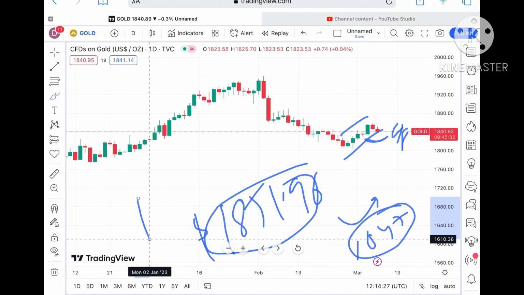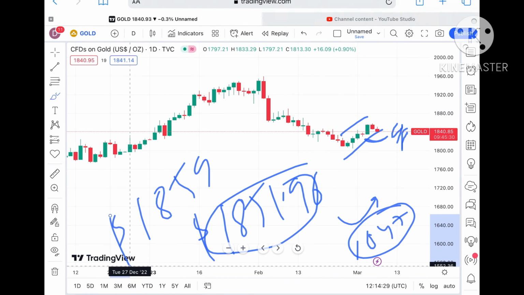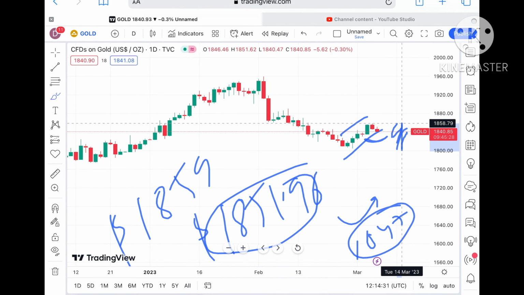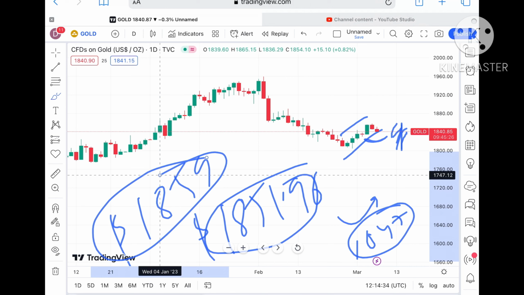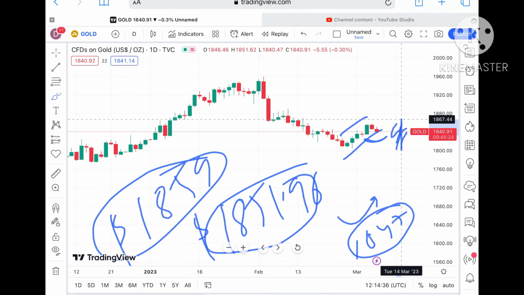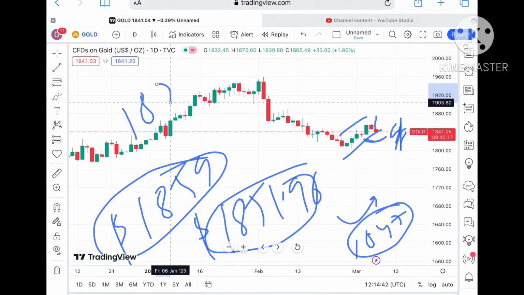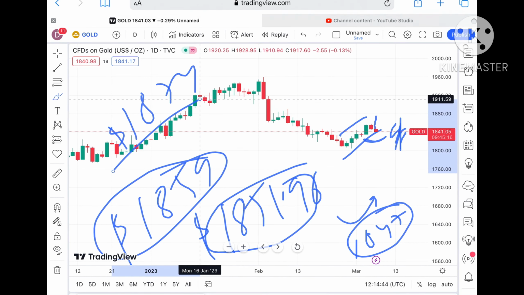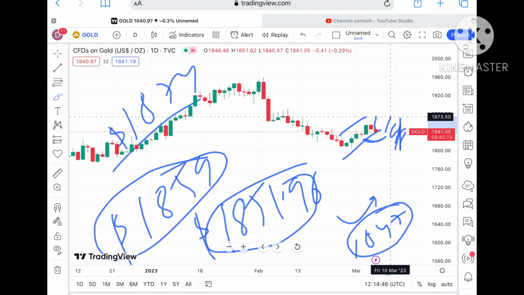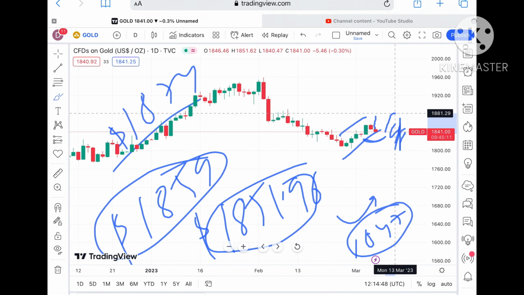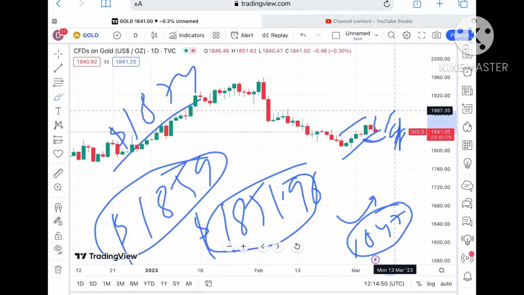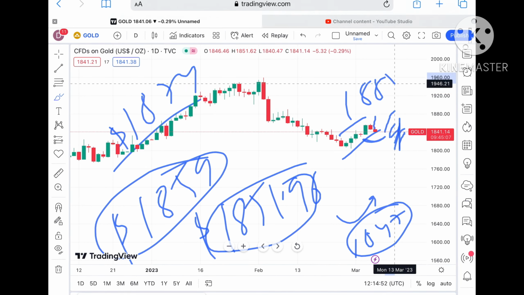If it goes above that particular zone, then we can see a level of $1859, and once it's sustained above that level, because 1859 is a weak resistance, chances of going further high are there, and then we can see it can touch a level of around $1868 to around $1874. Keep this in mind. Once the price goes above that particular zone, then we can see it can go further upside, and a probability of going towards $1881 is there, and from there we can see a level of $1887.